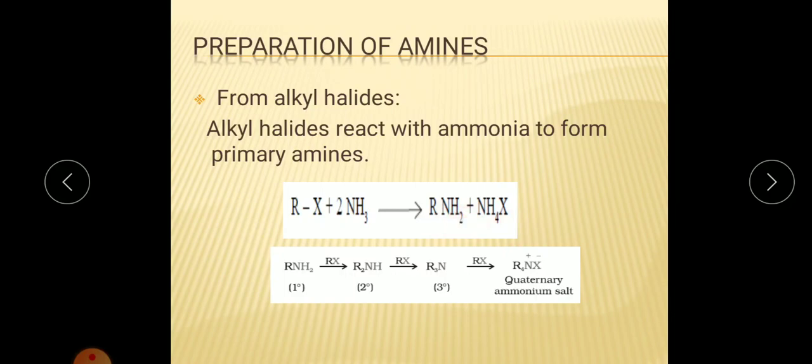If this primary amine further reacts with alkyl halide, it will form secondary amine. Further reaction will give you tertiary amine, and further reaction will give you quaternary ammonium salt. So finally we came to know that when alkyl halides react with ammonia, amines are formed.